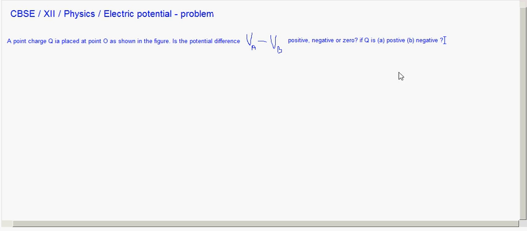A point charge Q is placed at point O as shown in the figure. Is the potential difference VA minus VB positive, negative or 0?